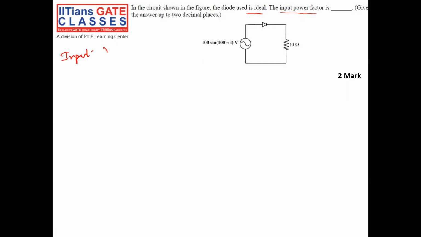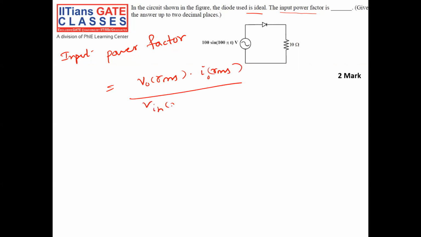Input power factor is equal to V output RMS into I output RMS divided by V input RMS into I input RMS.